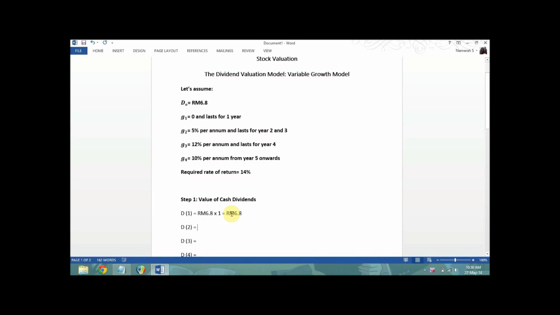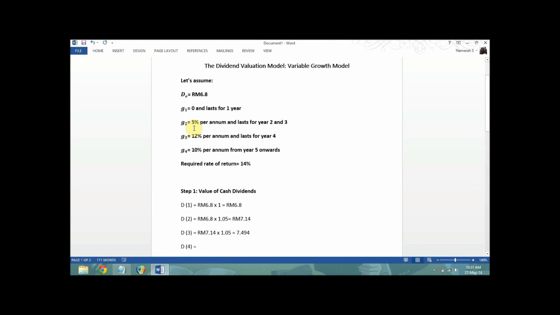The dividend for the second year is RM 6.8 into 1.05, because the growth rate is 5% per annum, which is equal to RM 7.14. The dividend for year 3 is equal to RM 7.14 into 1.05, which is equal to 7.497.